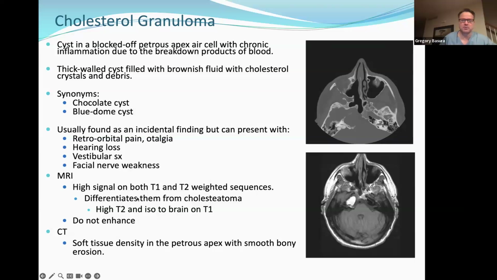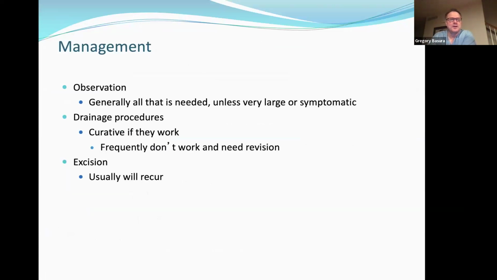So we just mentioned this on MRI, they're bright on T1 and T2. And CT scan obviously shows kind of a smooth, erosive, expansile quality. We talked about management, right? Observation typically is what you need. Drainage can be curative if it's for the right indication. You want to look for the easiest way to drain these things because they're not trivial.